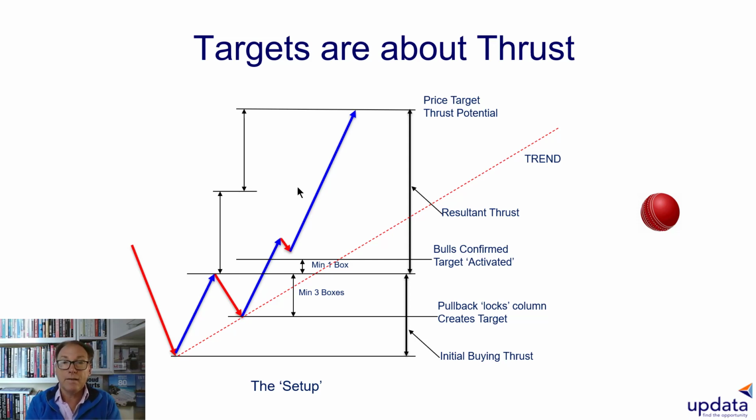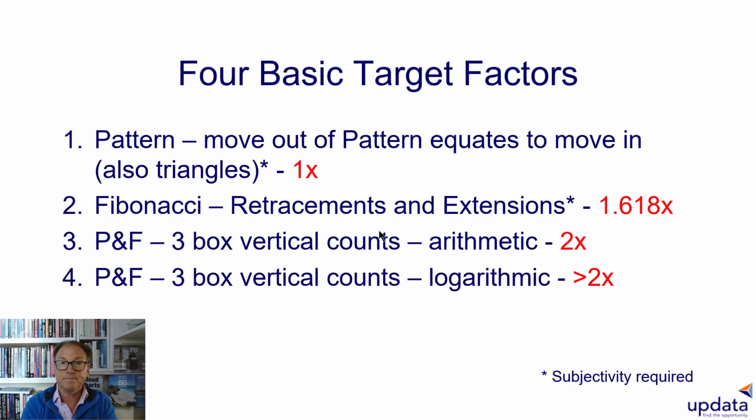And then the theory, which comes from the 3-box construction, and there's no good answer to why that is, but I'll talk about that in a minute, is that you would then go 2 times higher. So that first initial move is a third of the overall potential of the move. That initial wave of buying confirms that. So the bulls are confirmed, there's a resultant thrust, and that's how it works.